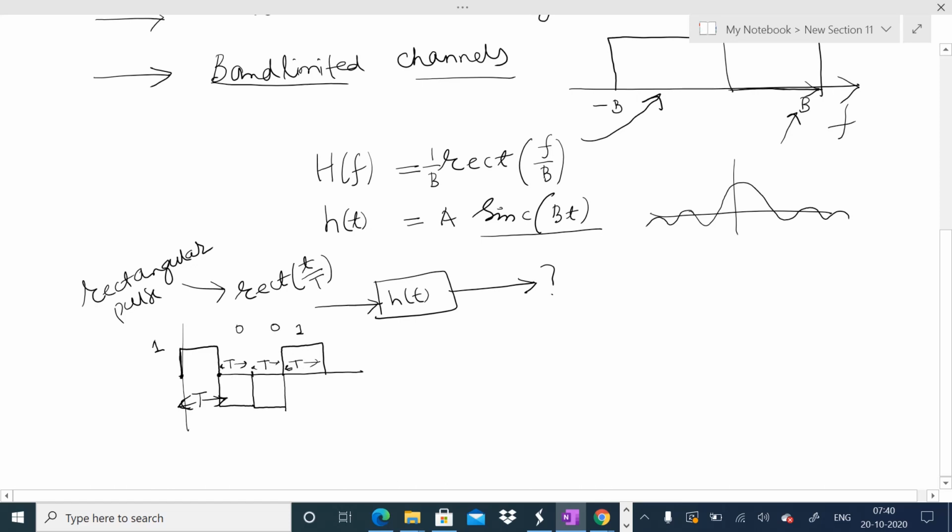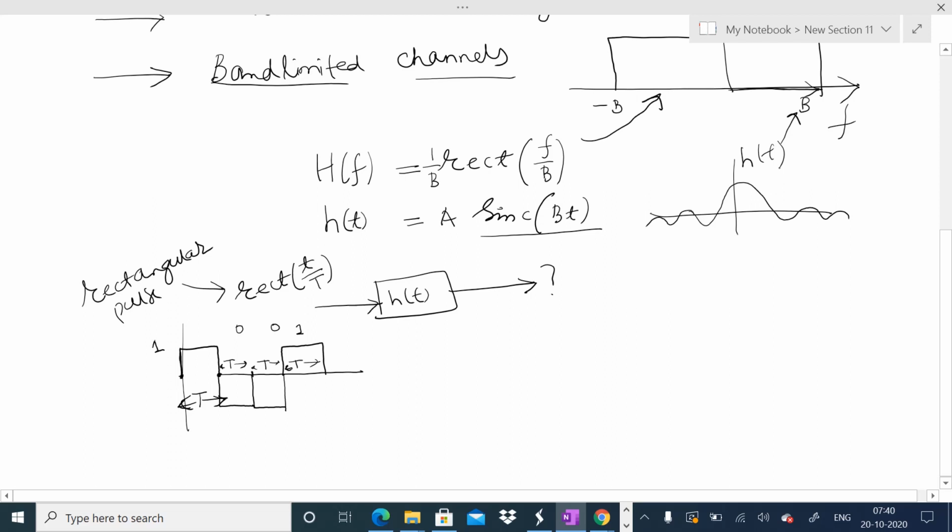Now what will happen if you transmit this series of pulses over this band limited channel? We will not go into exact analysis again, just overall analysis. You are transmitting a rectangular pulse over a channel represented by a band limited response, and in the time domain the impulse response is a sinc function.